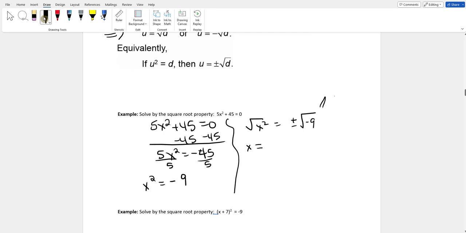You got to go back to your imaginary numbers. We can write this as the square root of negative 1 times the square root of 9. Square root of 9 is 3. Square root of negative 1 is i. So this breaks down into positive negative 3i. So you'll get two answers. x is equal to negative 3i and x is equal to 3i. So when you write it, you'll have negative 3i and 3i.